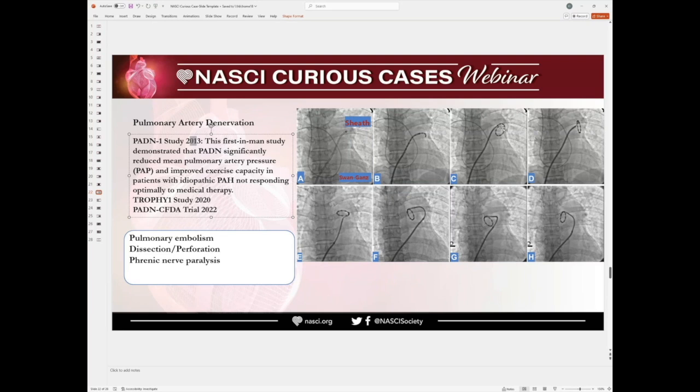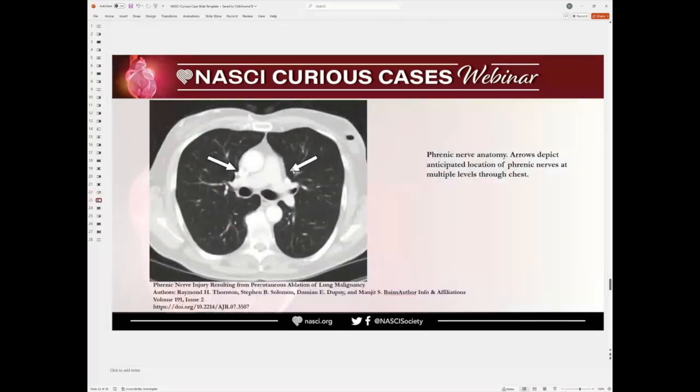Potential complications are that they can create thrombus or pulmonary embolism, and that thrombus can go to the distal vessel. They can create dissection, or they can even create perforation of the pulmonary arteries. And lastly, since the phrenic nerve passes really close to that area, they can also create phrenic nerve paralysis. Those are the main complications.